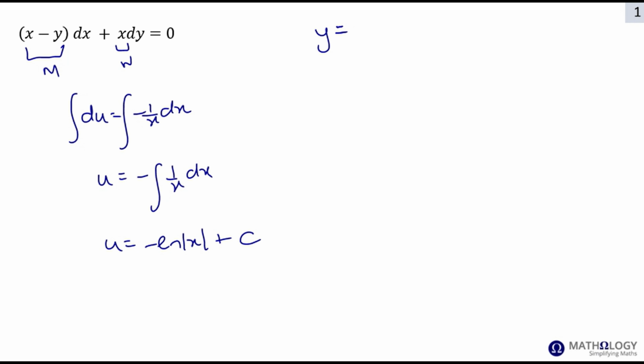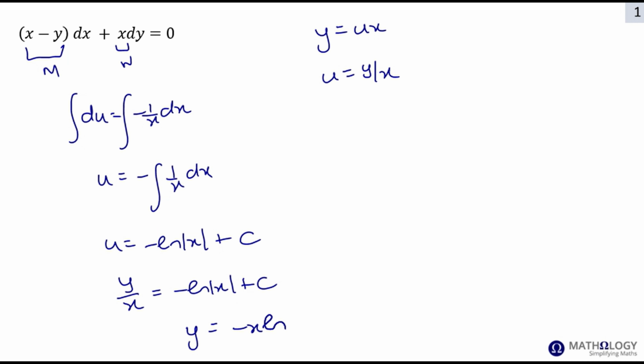Remember that y equals ux was the substitution we used, so u equals y over x. So y over x equals minus ln x plus c, and the solution is y equals minus x ln x plus cx.